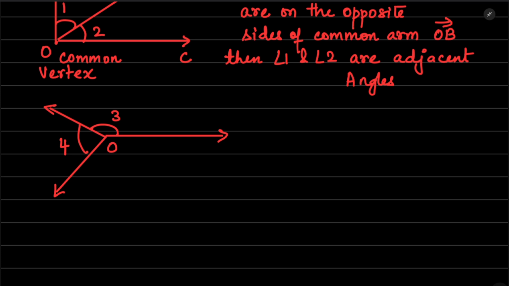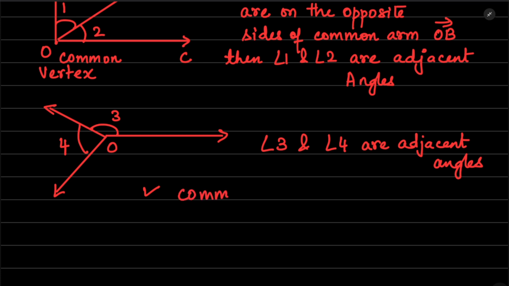So the first checkpoint in order to say that angle 3 and angle 4 are adjacent angles, what are the checkpoints that you have to do? Number 1, does it have a common vertex?